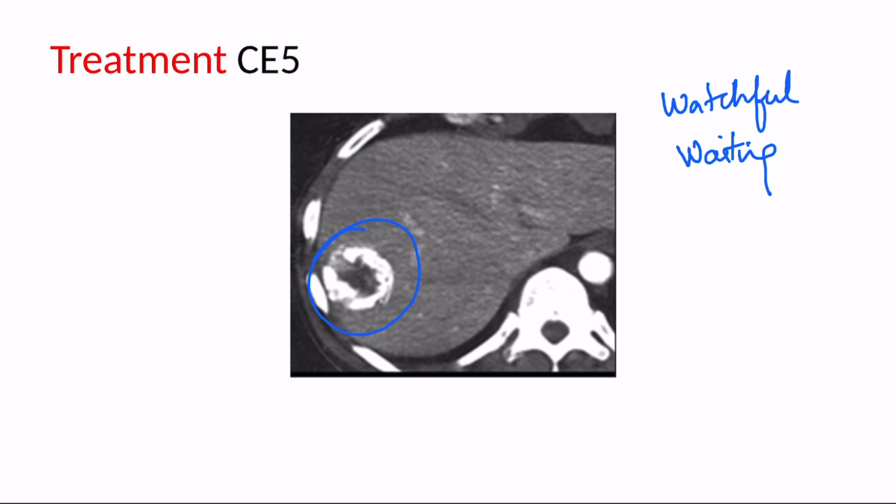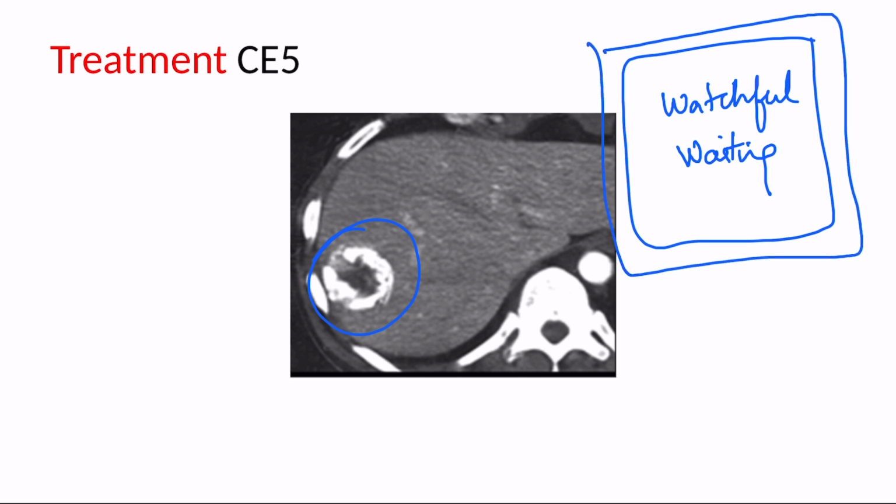This often happens because of the body's immune response and aging of the cyst. These cysts are probably detected incidentally when imaging is done for some other reason. These cysts don't create a problem, don't grow in size, and they stay silent for a long time, or maybe the whole lifetime. So don't do anything in the CE5 stage.